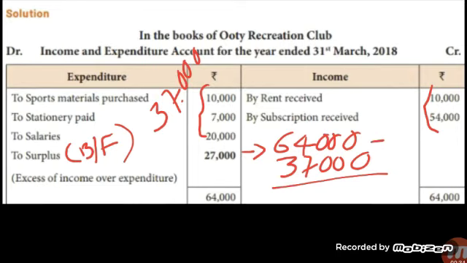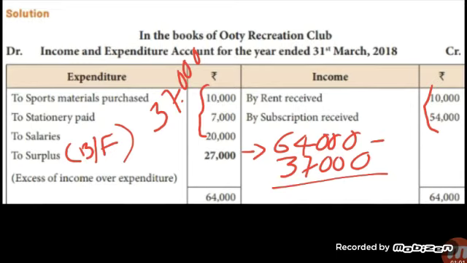How can you balance? First find the total of the debit side and then find the total of the credit side. Identify which side is greater. We know that credit side total is 64,000 and debit side total is 37,000. 64,000 is greater than the debit side total.